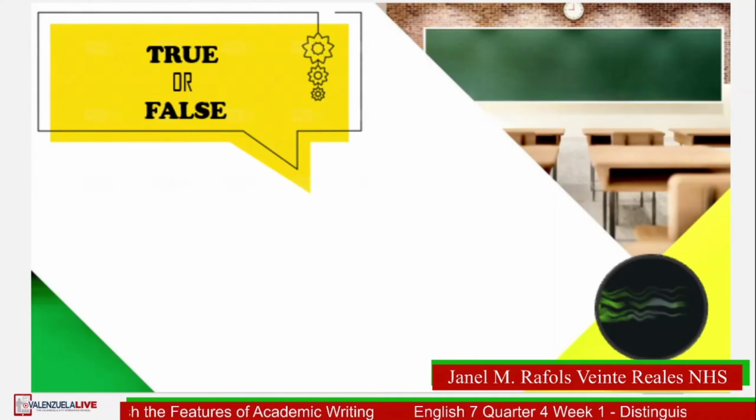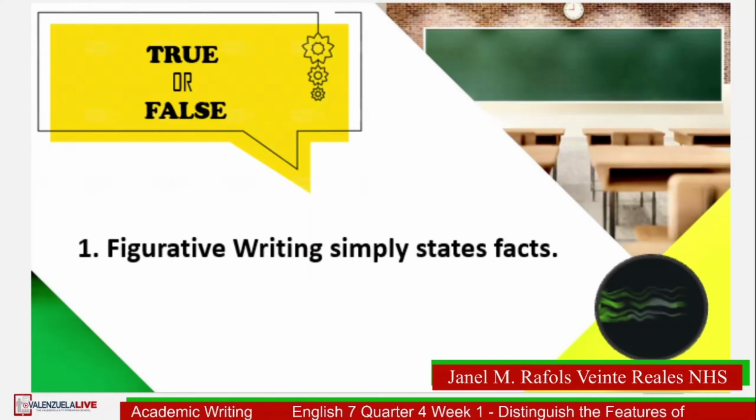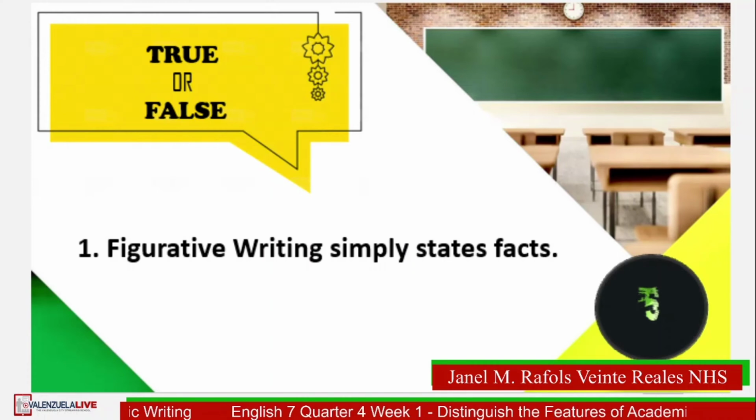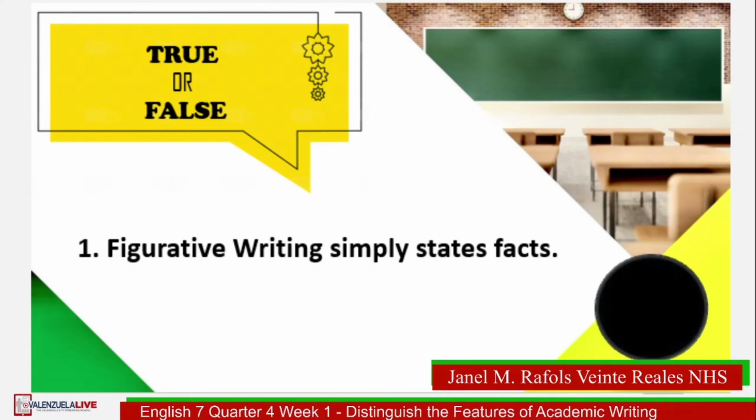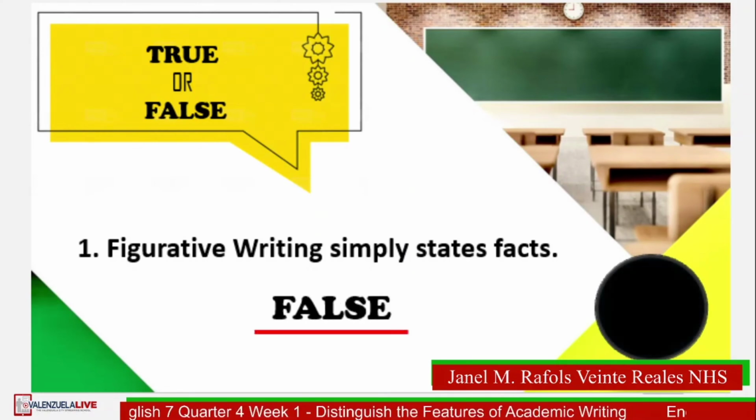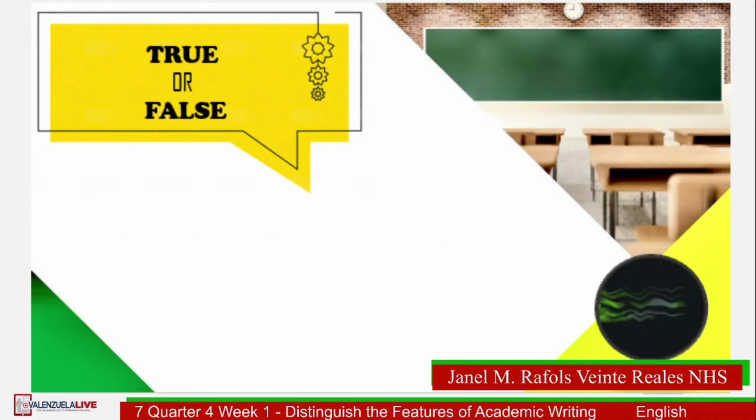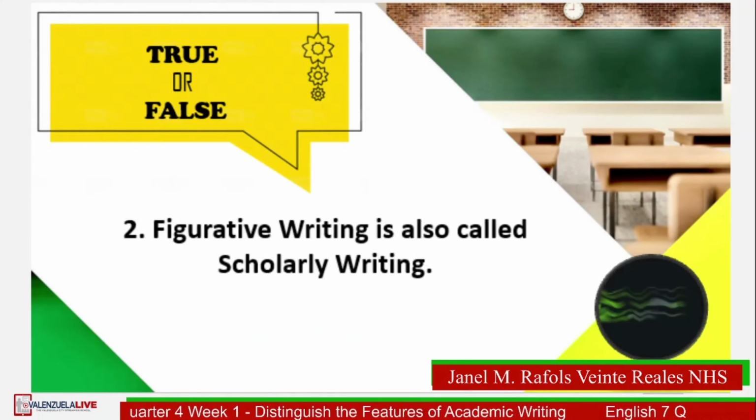True or false? Identify if the statement is true or false. Number 1. Figurative writing simply states facts. The answer is false. Number 2. Figurative writing is also called scholarly writing.